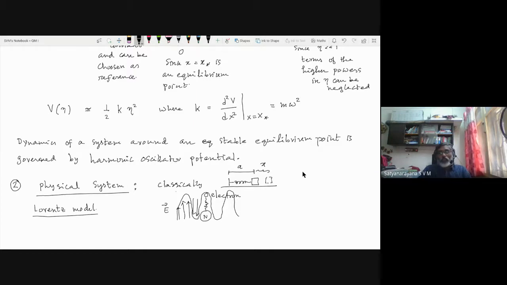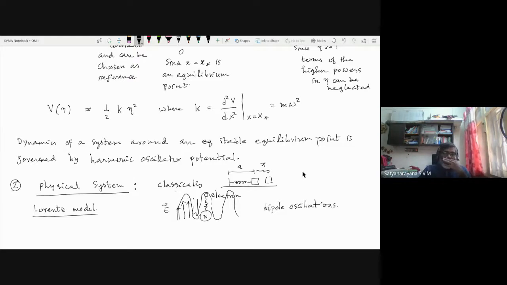So you will have oscillations, and these oscillations are called dipole oscillations. And this kind of oscillation is what Max Planck had considered in describing the black body radiation. So this is another system.